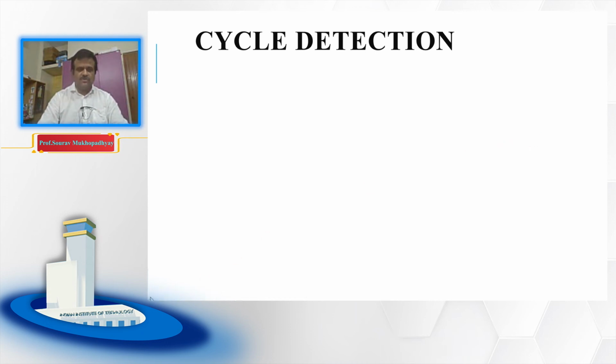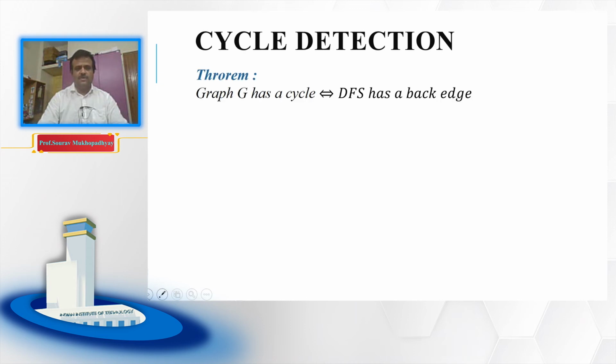That is the theorem we are going to prove now. The theorem says, if the graph has a cycle, then the DFS has a back edge, and vice versa. If the DFS has a back edge, then there is a cycle in the graph. We will prove this one part: if the DFS has a back edge, then there will be a cycle in the graph.